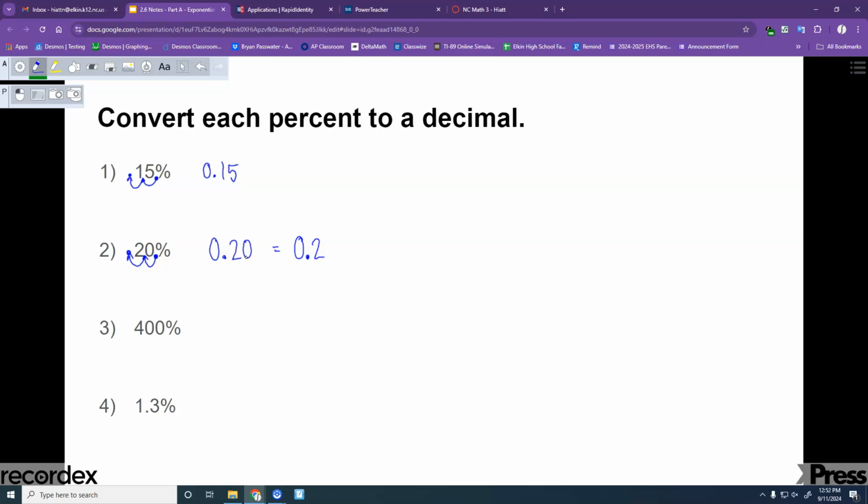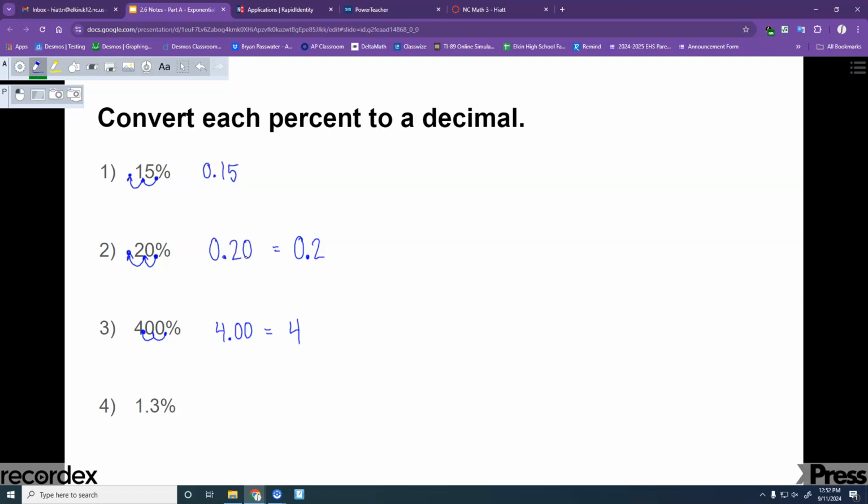For 400%, the decimal is back here at the end. We're going to move that decimal 2 places, and when we do that, we get 4.00, but again, the zeros on this one are not necessary, so a lot of times you're just going to see this as 4. Sometimes that confuses students because it doesn't look like it's a decimal anymore, but the decimal for 400% is 4.